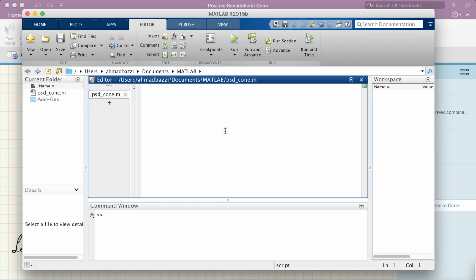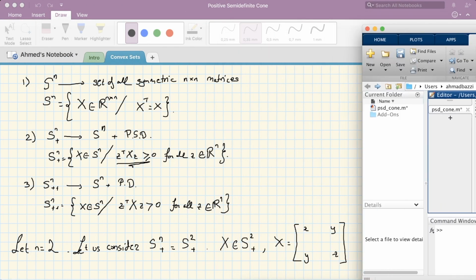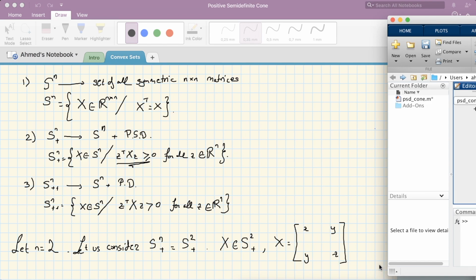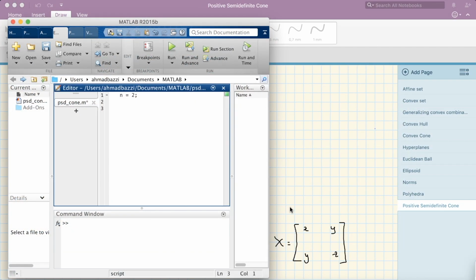Let's plot how a PSD cone looks like in 2D. So n is 2, right? And okay, so if we go back here, we've got x, y, and z, right? So x is here, z is here, and y is here, right? So we've got this x, y, z matrix here. So let's define a range for x and y, right?